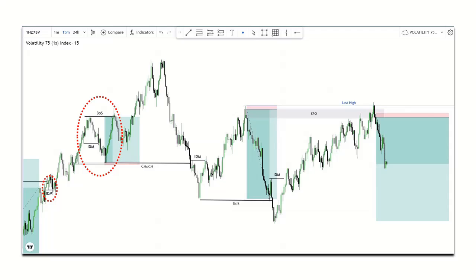As you can see, I marked the first inducement, just waiting for the market to take it out before getting a sell setup. Sell setup formed, I took the trade and boom, there was an aggressive move to the downside. Do you know why this move always moves this quick? It moves this quick because it wants to form a break of structure.